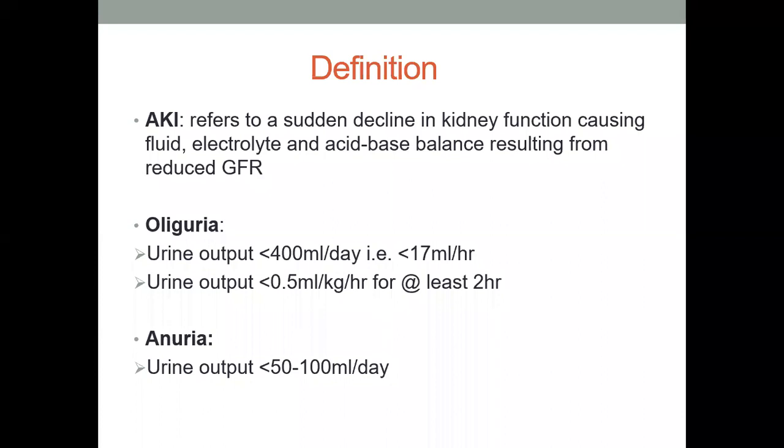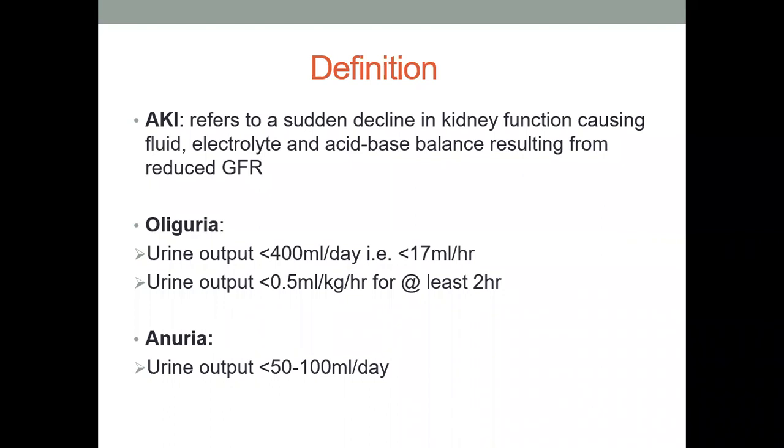This is important: we don't wait for 12 or 24 hours to say the patient is oliguric, because by then a lot of harm might have happened, and uremia might have developed. So when a patient has less than 0.5 ml per kg per hour for at least 2 hours, we declare the patient oliguric. Anuria is when urine output is less than 50 to 100 ml a day.